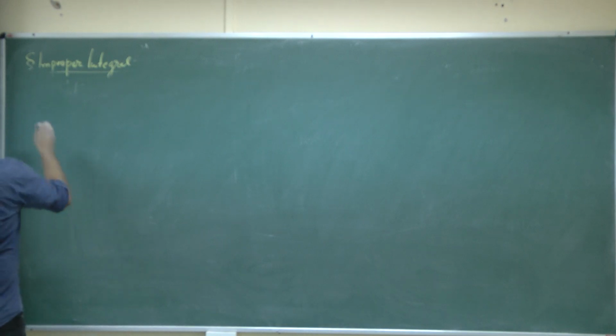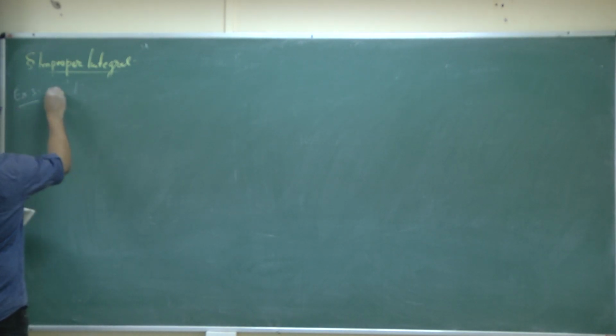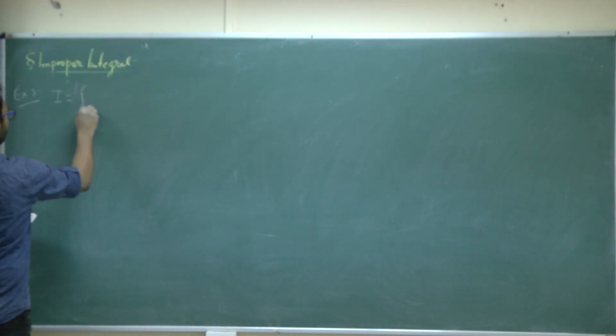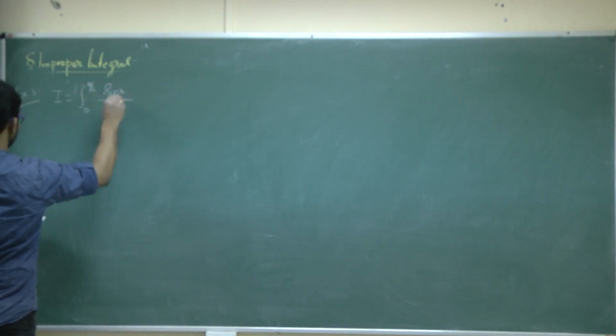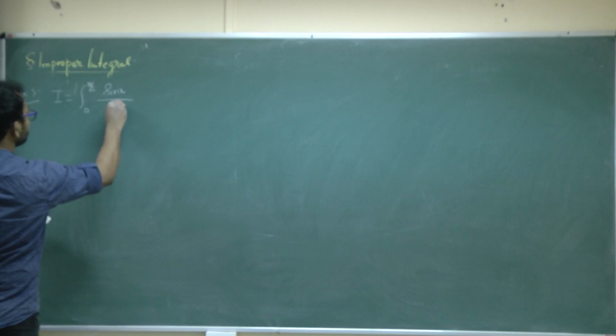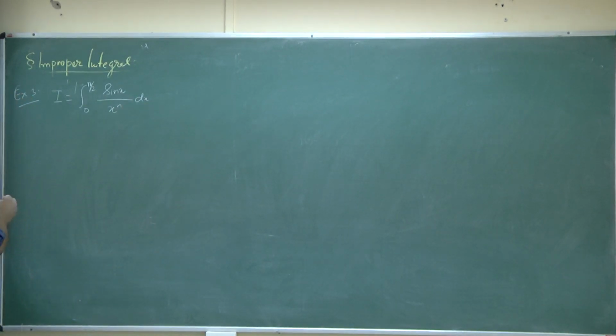All right. So, example 3, I guess. I am not sure which example number is this. But anyways, integral from 0 to pi by 2 sin x by x to the power n dx. All right, sin x by x to the power n dx.